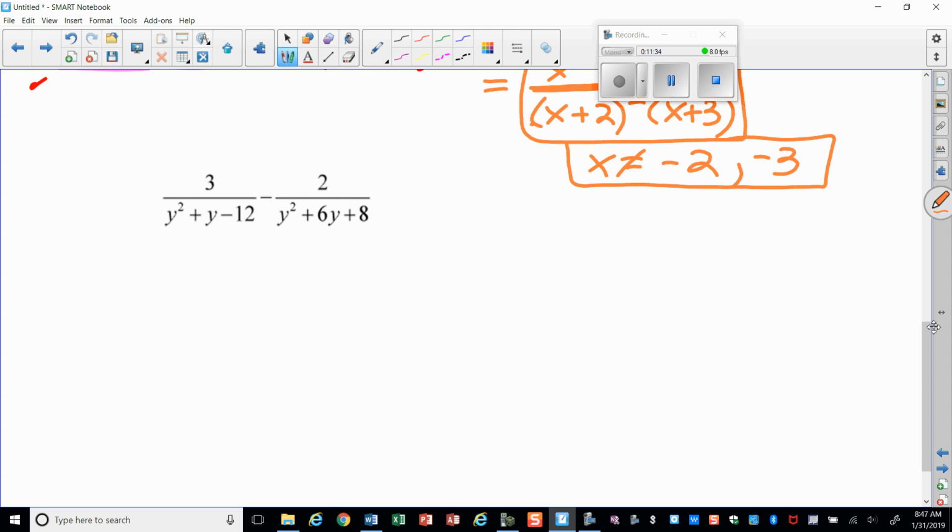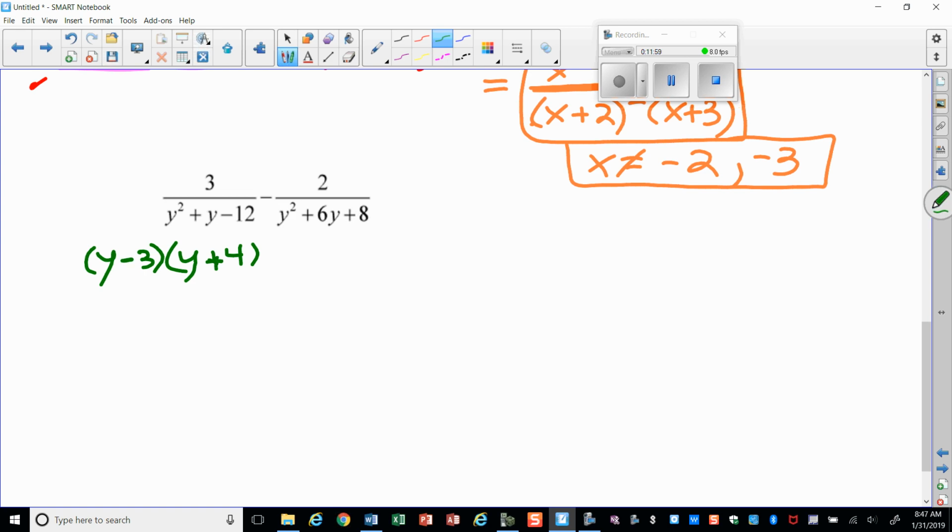Okay, so here we go. If we are adding and subtracting fractions, we're thinking I need a least common denominator. So you've got to factor first. So y times y, 3 times 4 gives me 12, and I want to have them add up to 1. So that would be a positive 4 minus 3.